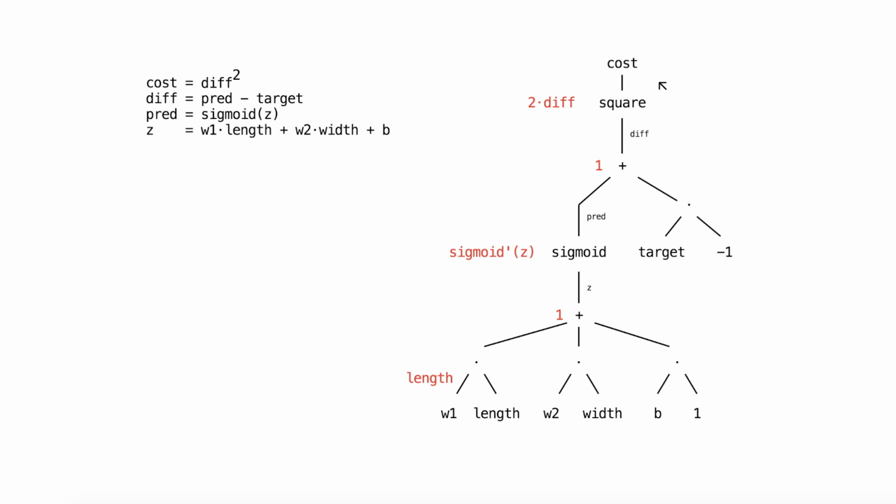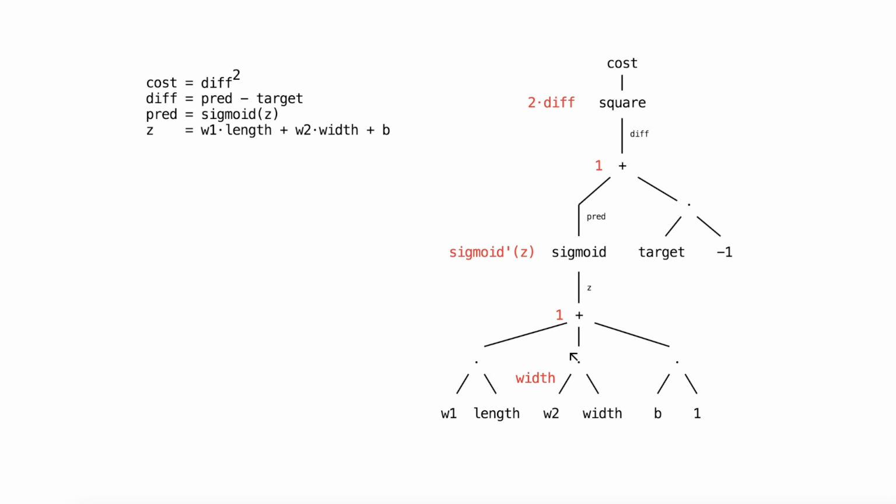Now what's cool about this graph way of thinking is if we want to take a different partial of the cost, let's say with respect to this parameter W2, we can reuse all this calculation up here up until the point that the graph branches off and we need to concern ourselves with these elements. So the only thing we have to change is this final link in the chain here.